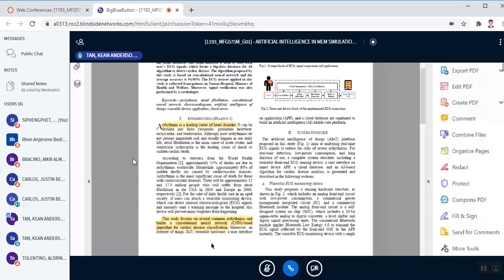So why a convolutional neural network? Because compared to other neural networks, this one is used specifically for image analysis. So what is the difference? A convolutional neural network has convolutional layers, and that convolutional layer has a kernel which contains a filter.